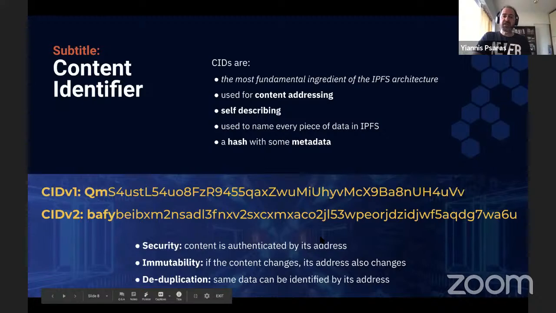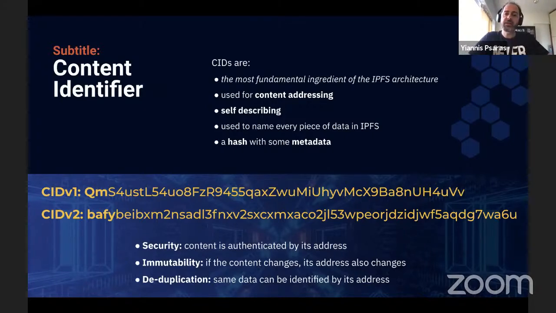So the CID is the content identifier. I'm just going to cover this very briefly here, and I'm going to go into detail later. As I said, it's the most fundamental ingredient of the IPFS architecture. It is used to address content, and it is self-describing. It describes directly the content that you're looking for, the document or the web page.